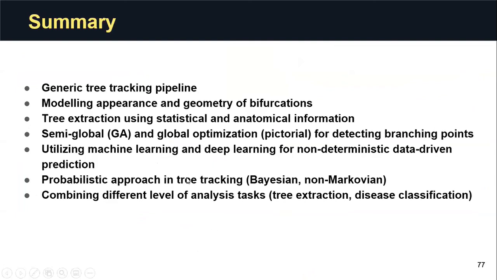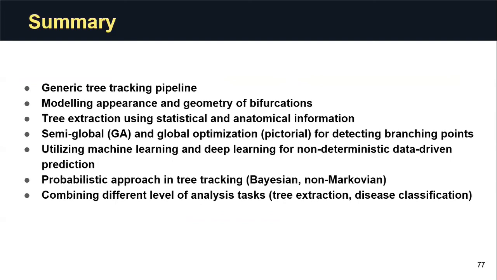So as a summary of all the contributions, we designed a generic tree tracking pipeline. We modeled the appearance as well as the geometrical side of the bifurcation. We encode statistical and anatomical information into the tree tracking process, and we propose to use semi-global as well as global optimization using genetic algorithm and pictorial structure.